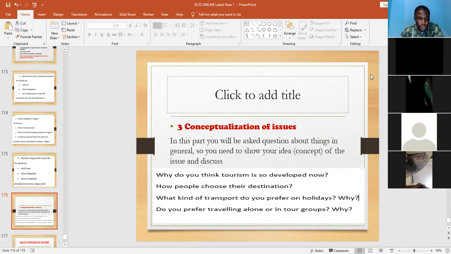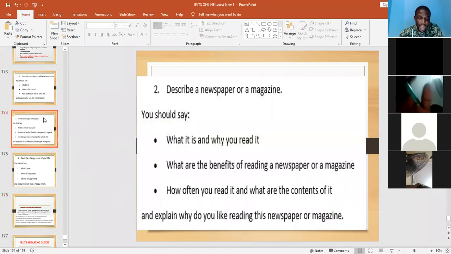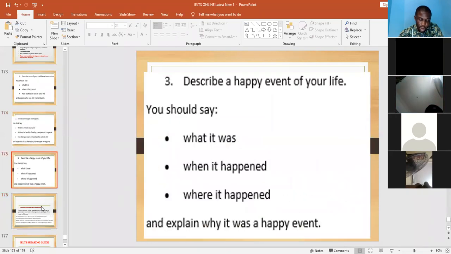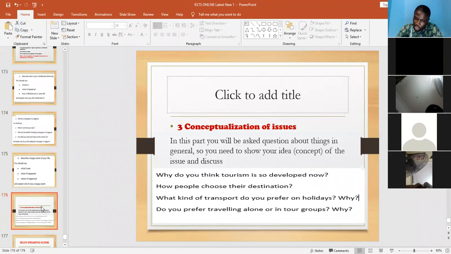For example, if they've asked about a typical event in your life, they might come to conceptualization of idea and ask you, why are some events so memorable and some events we easily forget? So that can be a follow-up question which will come in the third part.